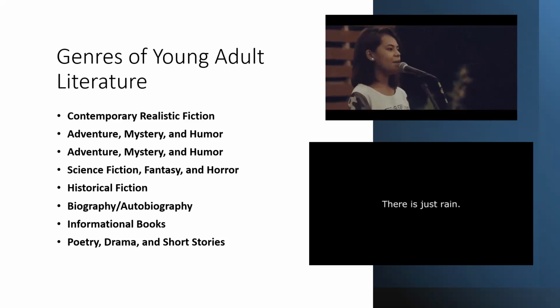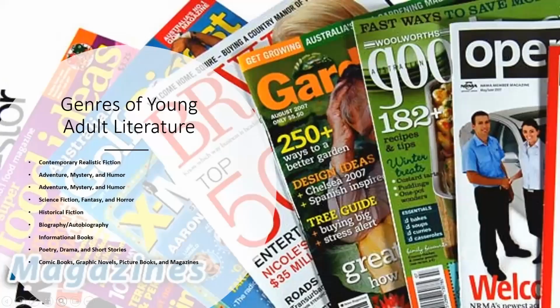Next. We have comic books, graphic novels, picture books, and magazines. So growing up in a visual and digital society, contemporary adolescents are comfortable with visual styles found in comic books, graphic novels, and magazines.